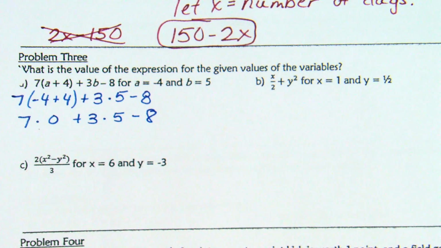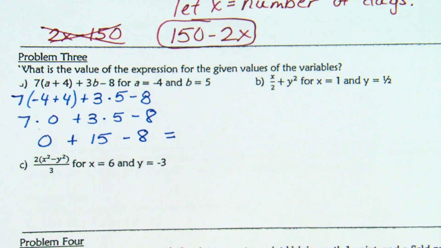Now what? Multiplication. Did parentheses, no exponents, multiply and divide. So 7 times 0, 0. 3 times 5, 15, minus 8. So 0 plus 15 minus 8 is 7.